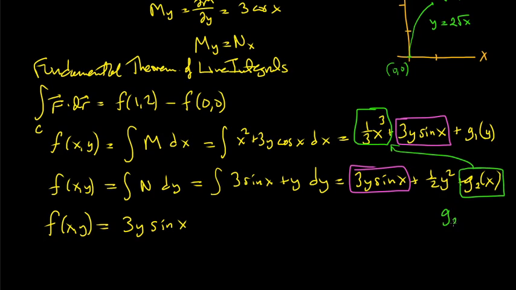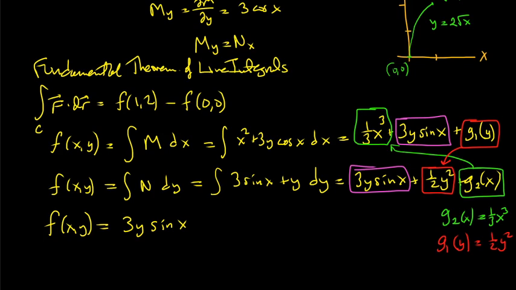And so my g2 can be 1/3 x cubed. Matches perfectly. What about 1/2 y squared? I don't see that in the first version, but this is g1 of y. It's a function of only y. So my g1 of y has to be 1/2 y squared.